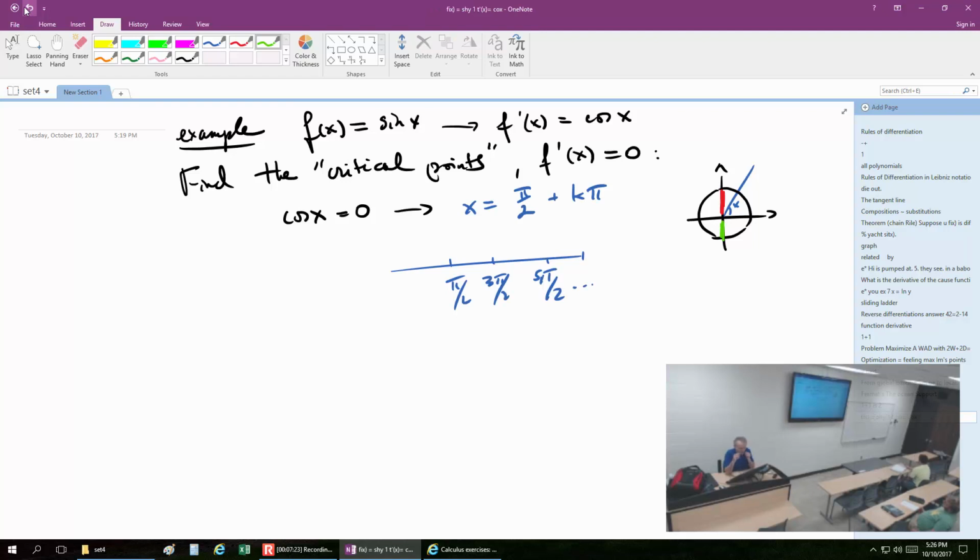Okay, so it alternates. We know that it alternates maximum, minimum points, but the point is that it does not tell you which ones are maximum and which ones are minimum. It does not tell you, because for the derivative, there is really no way of telling which one is the one on the left or one on the right.